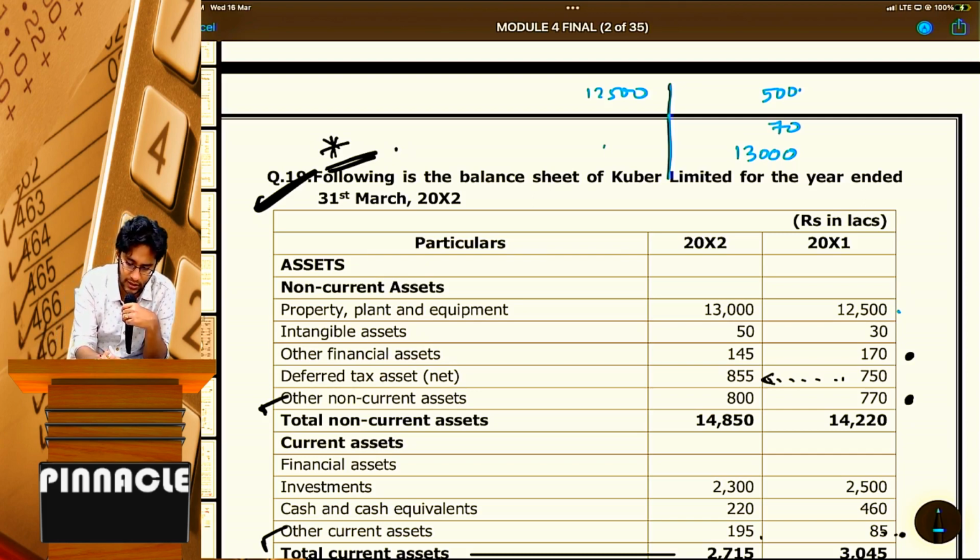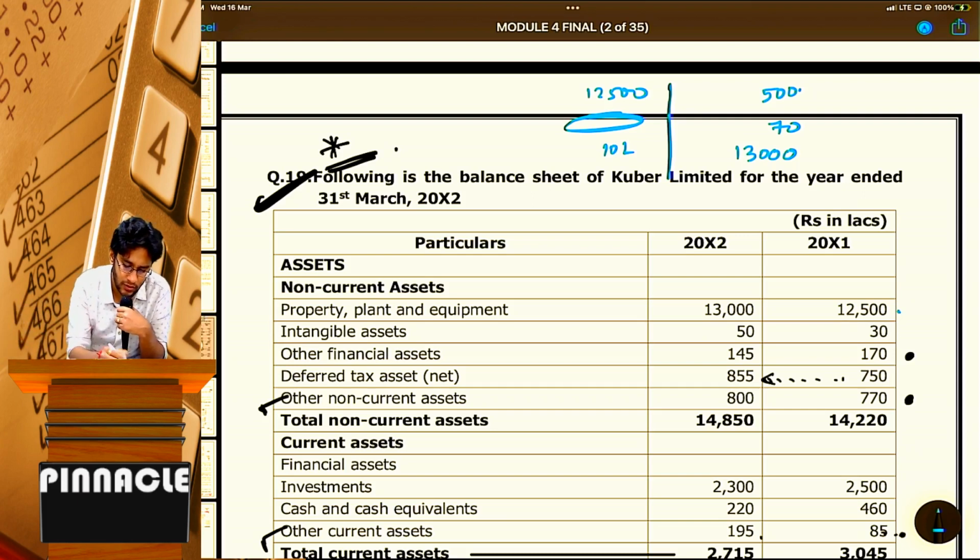So write 70 lakhs here, and write 10 lakhs profit here. That's all. Obviously the balances will not tally. That will be the purchase of assets: 13,500 plus 70, minus 12,510. 13,000, how much? 570 minus 12,510.